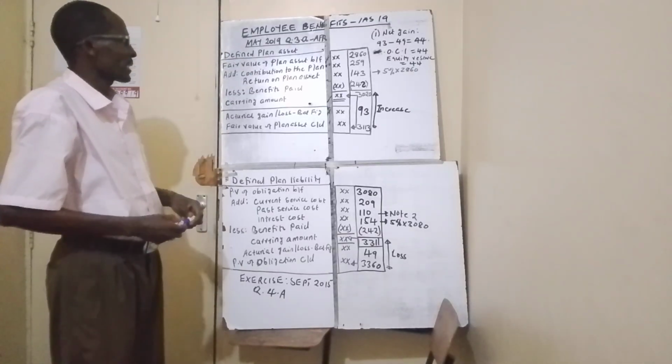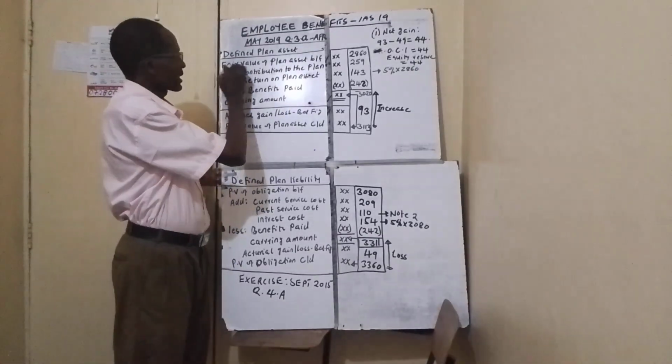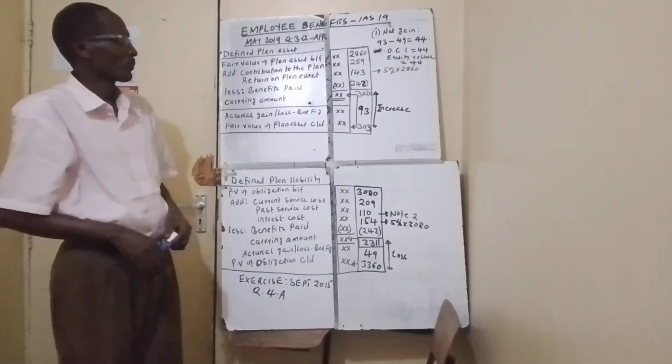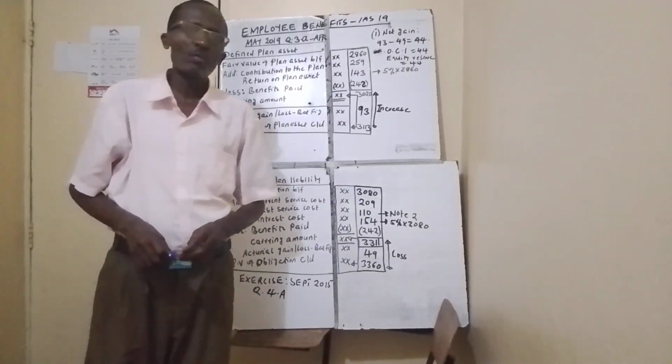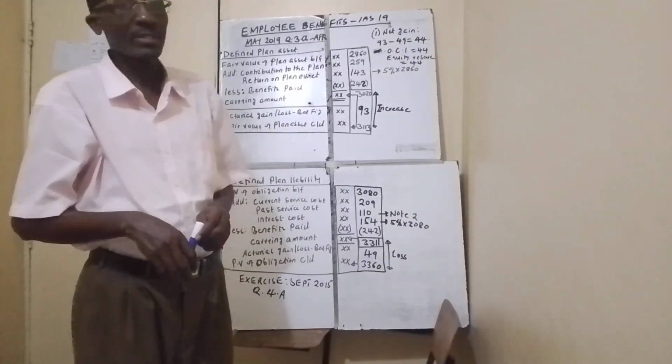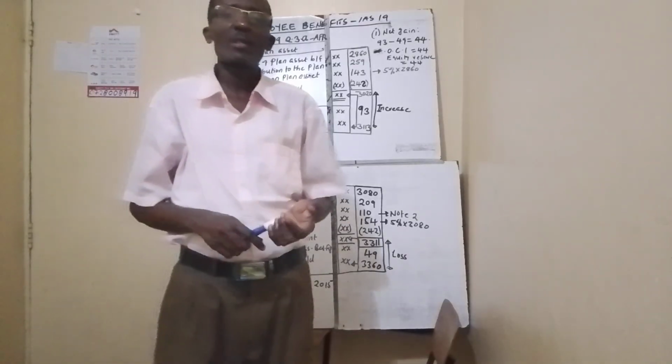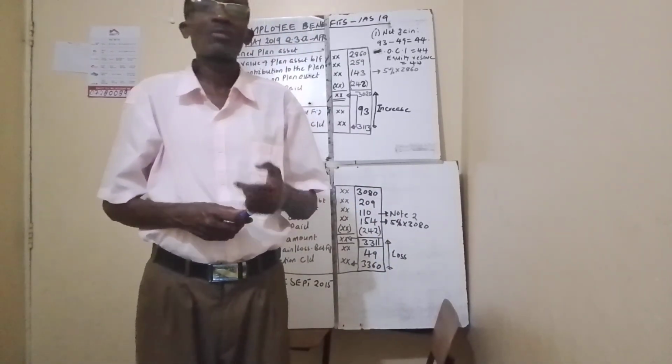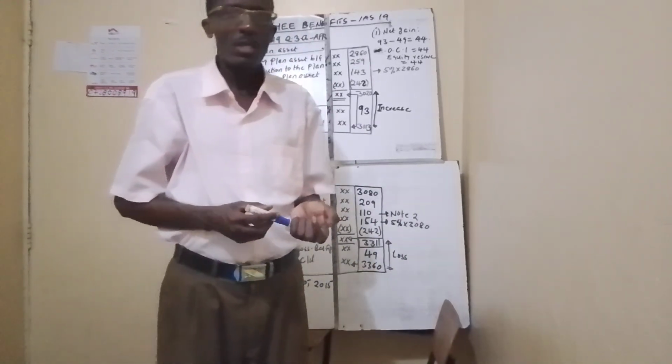For defined plan asset, the first item will be fair value of plan assets brought forward. That is a starting balance by the start of the year. The examiner will always give you that opening balance.